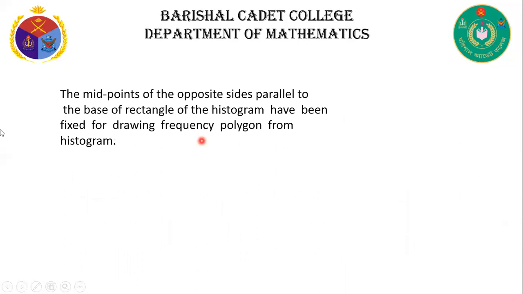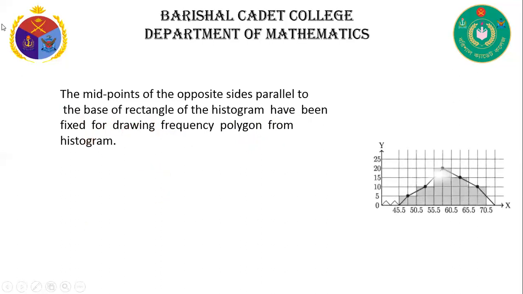Now we can try to draw a polygon. The midpoints of the opposite sides parallel to the base of the rectangles of the histogram have been fixed for drawing the frequency polygon from the histogram. Previously, we drew this histogram. Now we find the midpoints. Here, this is the midpoint. This is the midpoint.